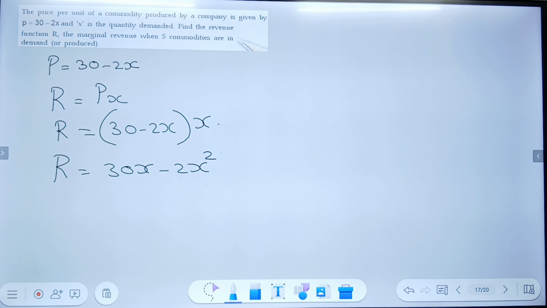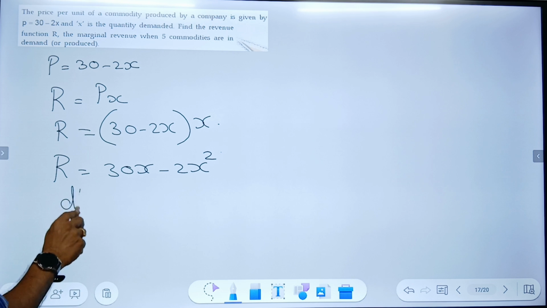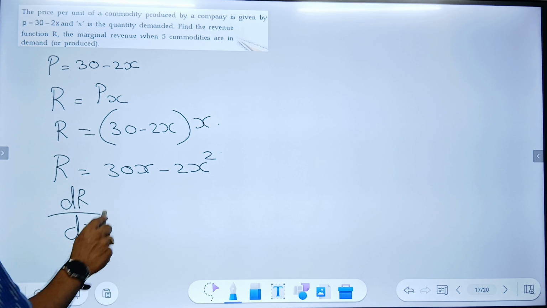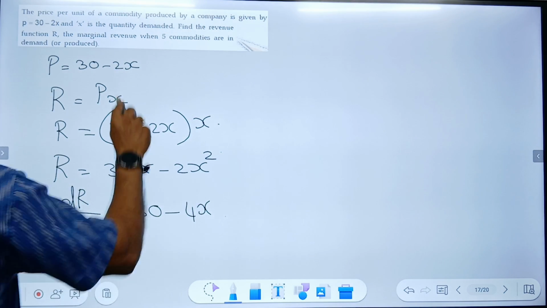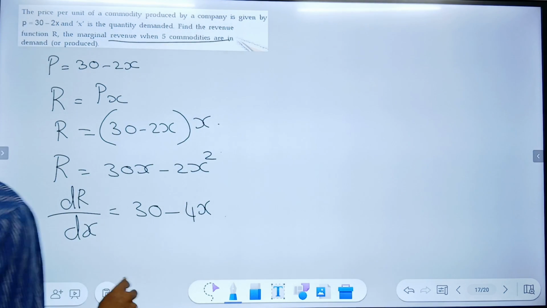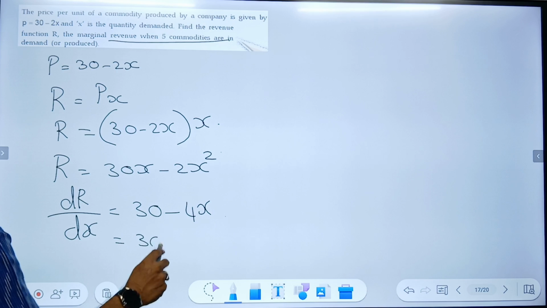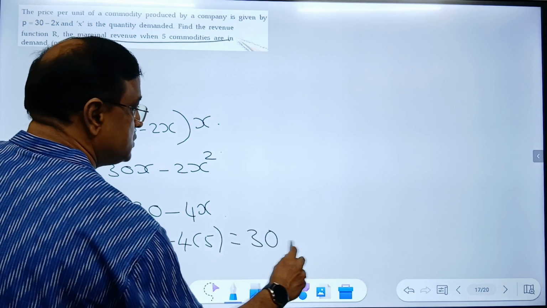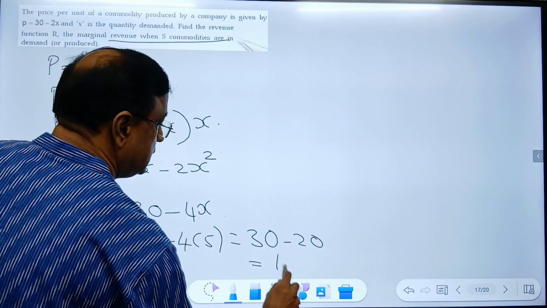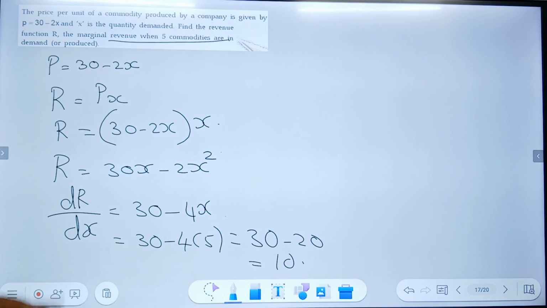I want to find the marginal revenue. So dR by dx is 30 minus 4x. I want to find the marginal revenue when 5 commodities are demanded. So 30 minus 4 into 5, which is 30 minus 20. So the answer is 10. The marginal revenue is 10.